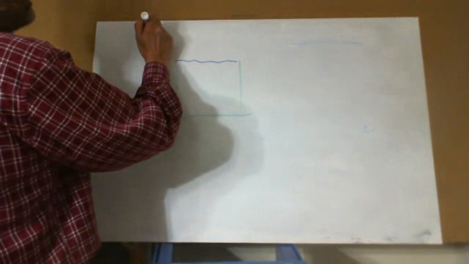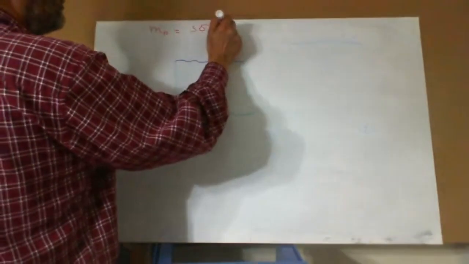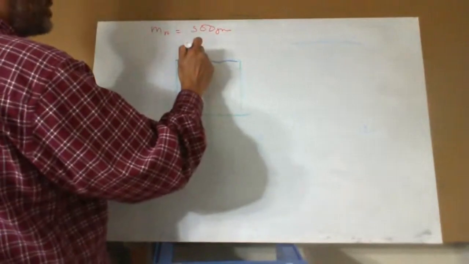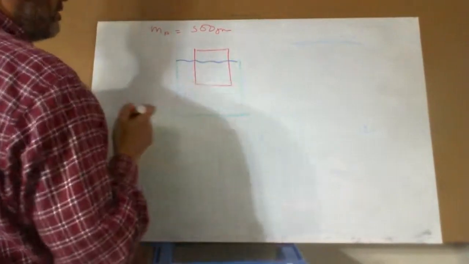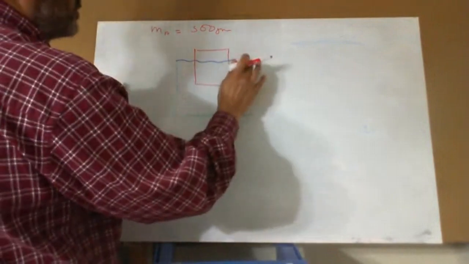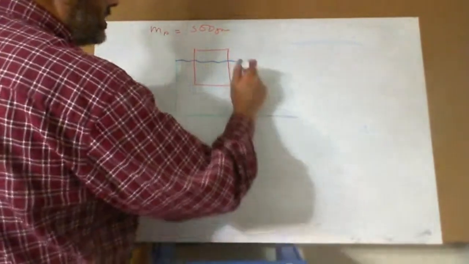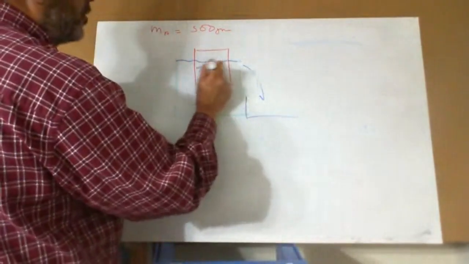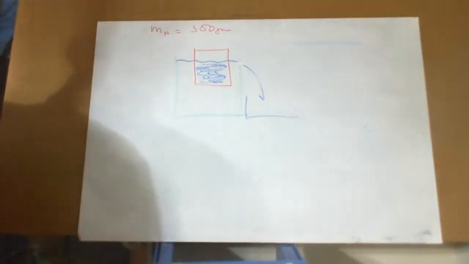So the moment you put this wooden block that has a mass of 500 grams, okay, it floats, right? And this beaker, which was full before, now this amount of water spills out, right?